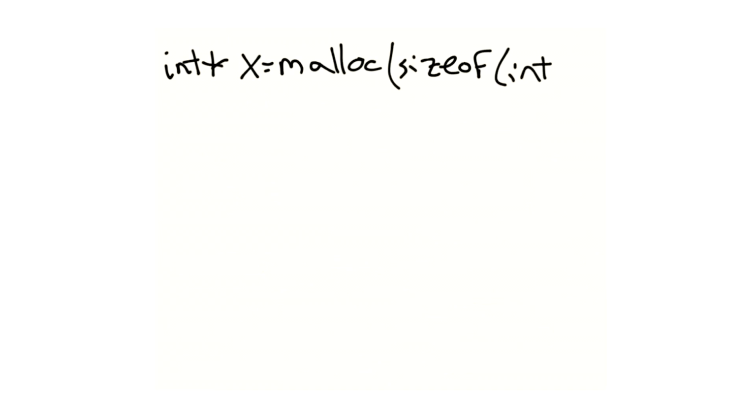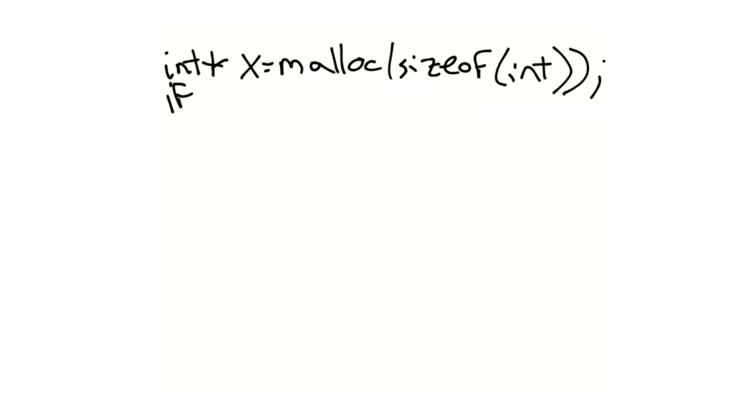For this reason, if instead we set the value of x from a call to malloc, as in int *x = malloc(sizeof(int)), then we should always explicitly check to see if null was returned.